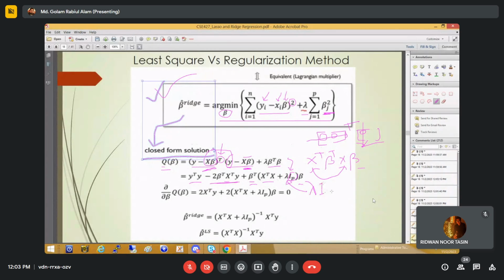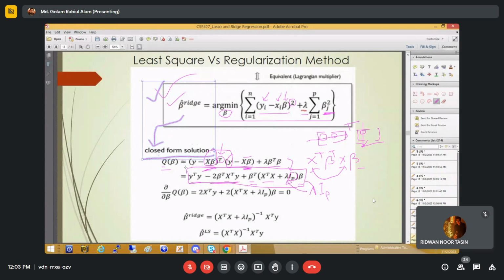This identity matrix will be of size P, that means it will be a square matrix, and P is the number of features we have. So this will be our closed form solution from this Lagrangian equation.